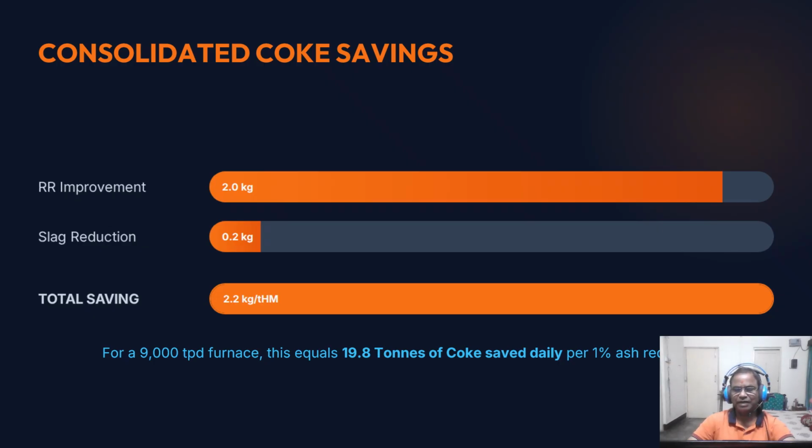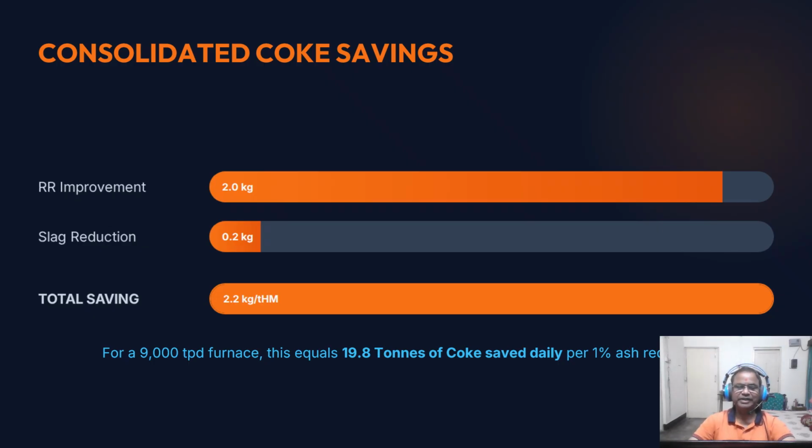Furthermore, reduced slag volume dramatically improves furnace permeability, and this allows us to push higher blast volume and achieve record-breaking hot metal output without hitting pressure limits. So it's a win for accountants and operators alike.